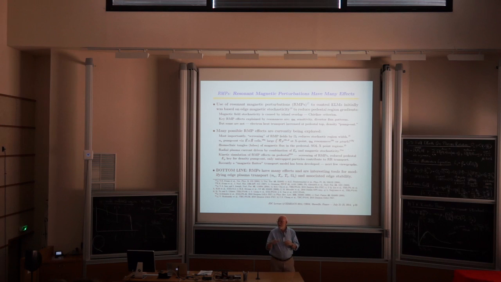And then with a stochastic field, there's not as good a confinement. Transport's very rapid across that region. Rechester-Rosenbluth, it's called the stochastic diffusion model.